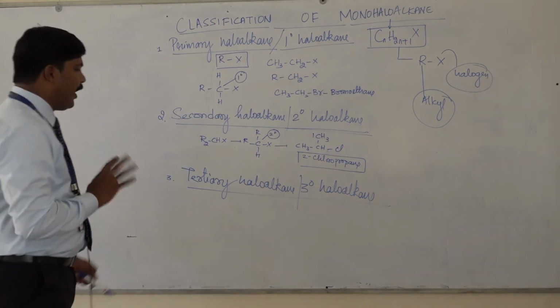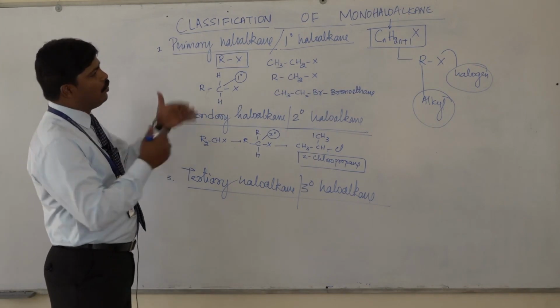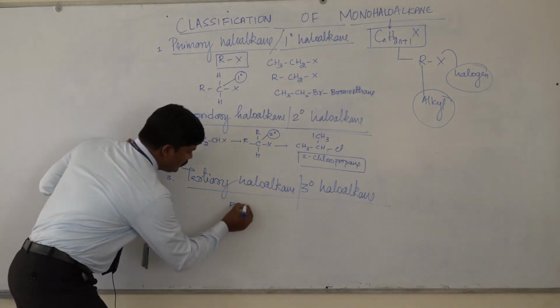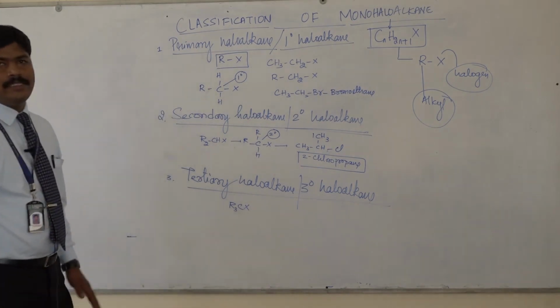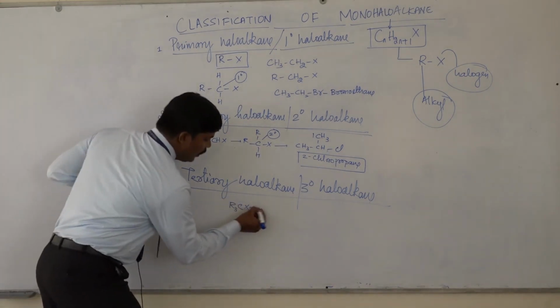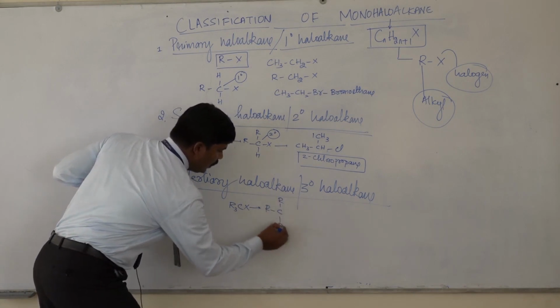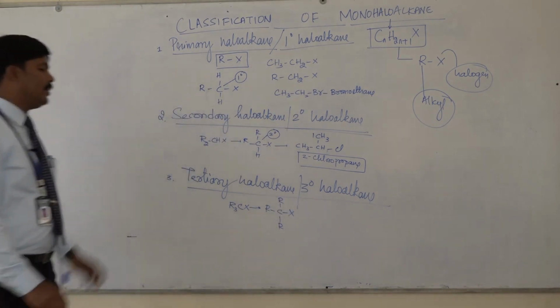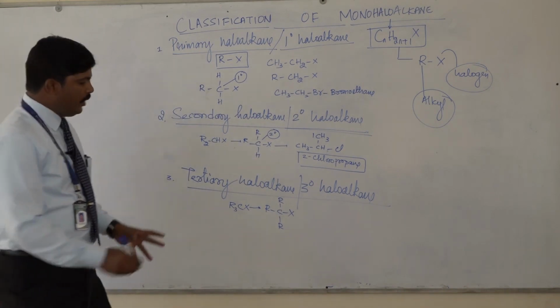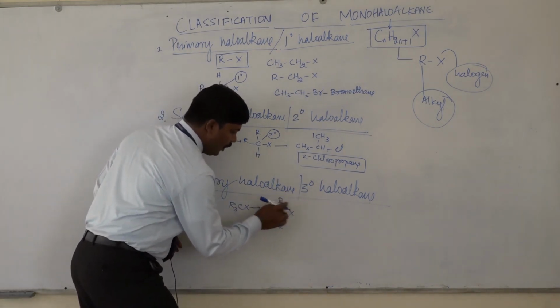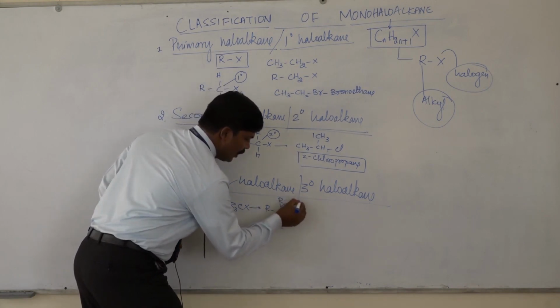What is a tertiary haloalkane or tertiary monohaloalkane? The formula is R3CX. Remember, the halogen is bonded to a tertiary carbon.